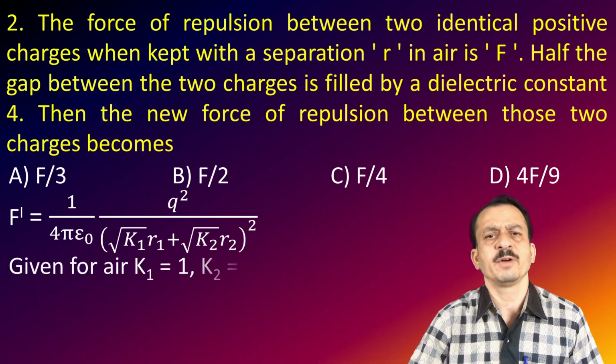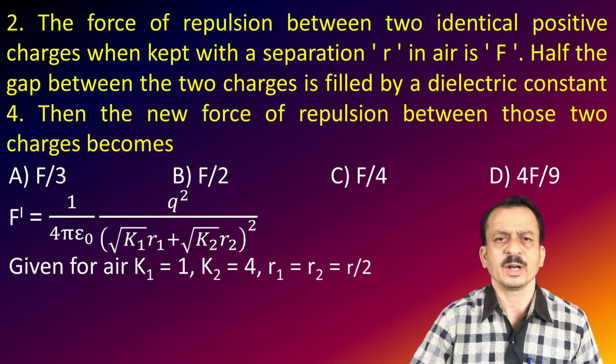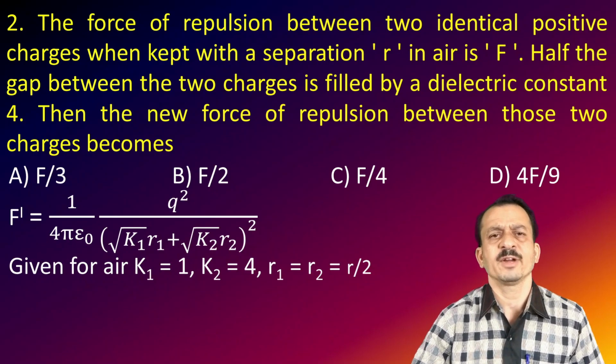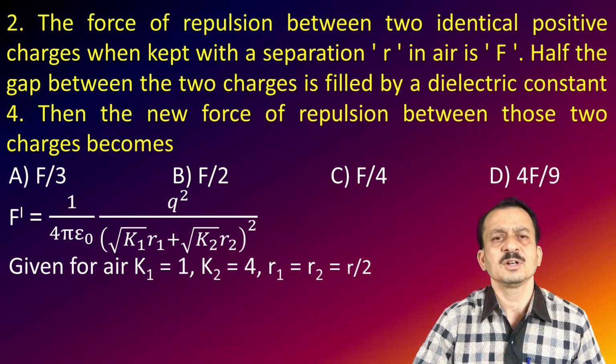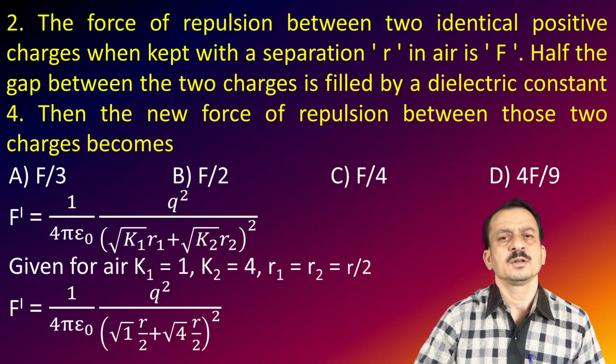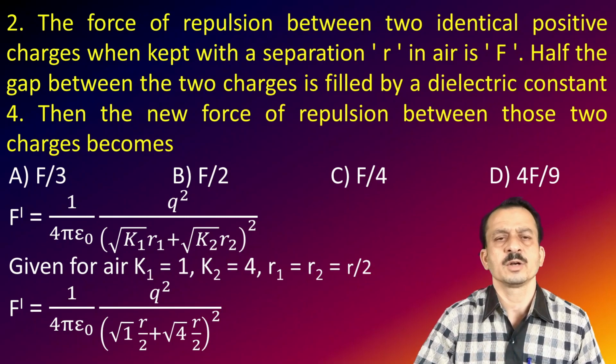Now simply substitute the values: k1 is air medium, therefore k1 is 1, and the second medium has a dielectric constant k2 equal to 4. Here r1 and r2 are the distances of the two media, that is half of the original distance, r by 2. Substituting, we get root 1 into r by 2 plus root 4 into r by 2 whole square in the denominator.